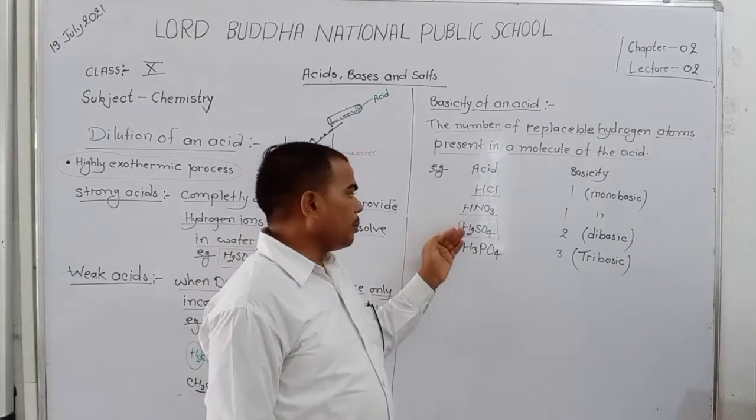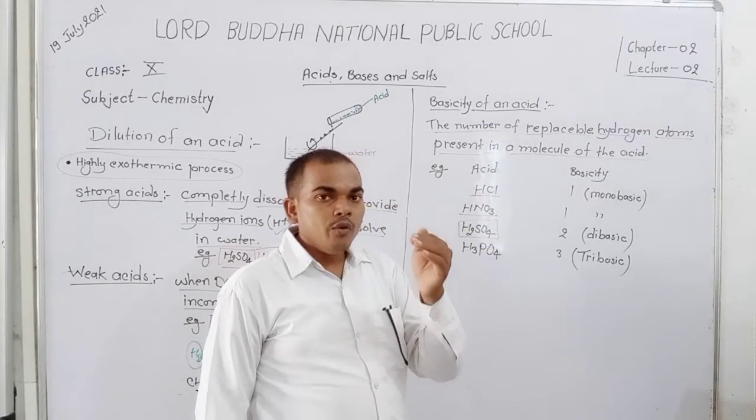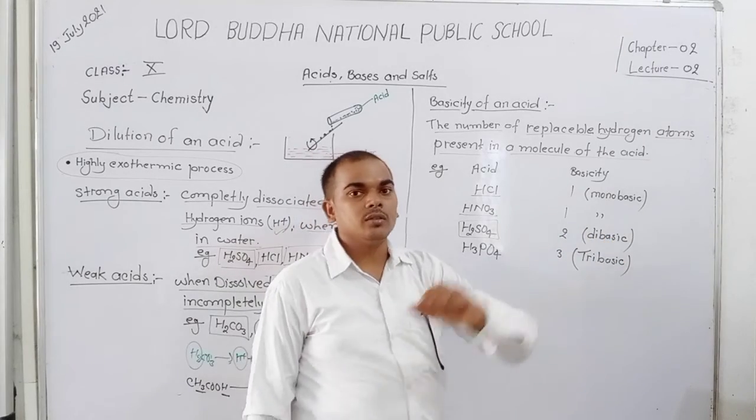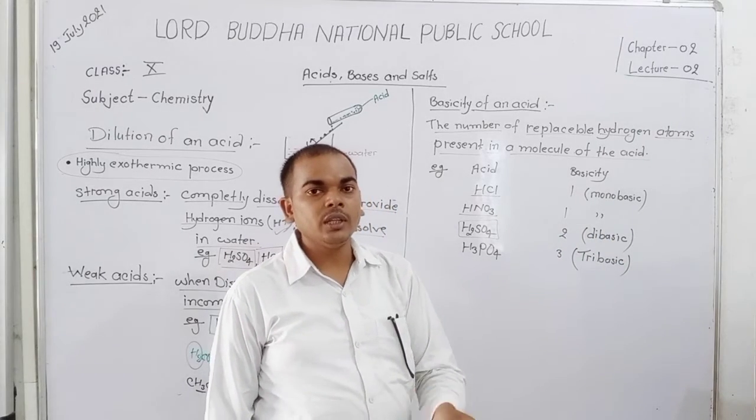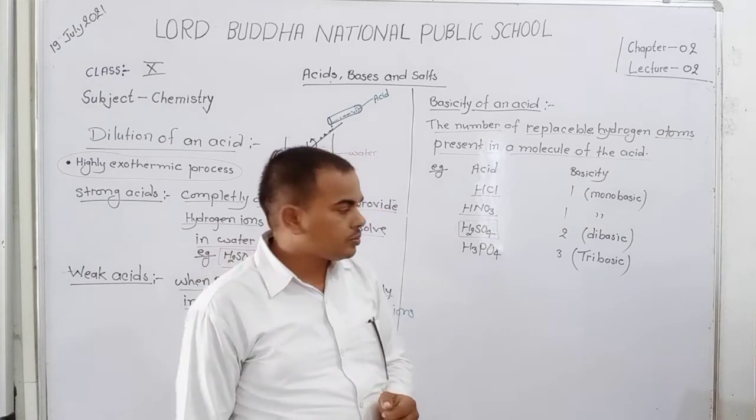So the basicity of sulfuric acid is 2. And when basicity is 2, then it is called a dibasic acid. That means sulfuric acid is a dibasic acid.